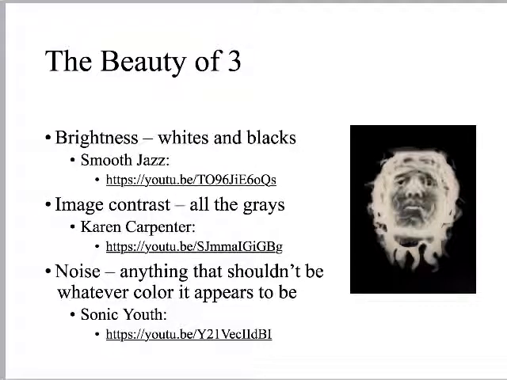And so this image here on the right also displays those from an imaging point of view. We have the brightness, which, again, this is an X-ray of a statue, like a hollowed marble statue, or a cast perhaps. And the whites are like its hair, for example, or the blacks of its eyes. The image contrast is those differences, all those grays within the statue's face.